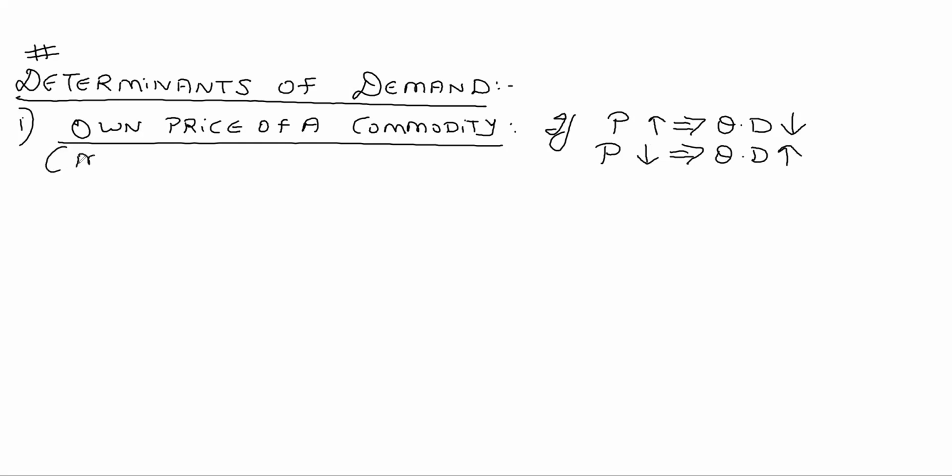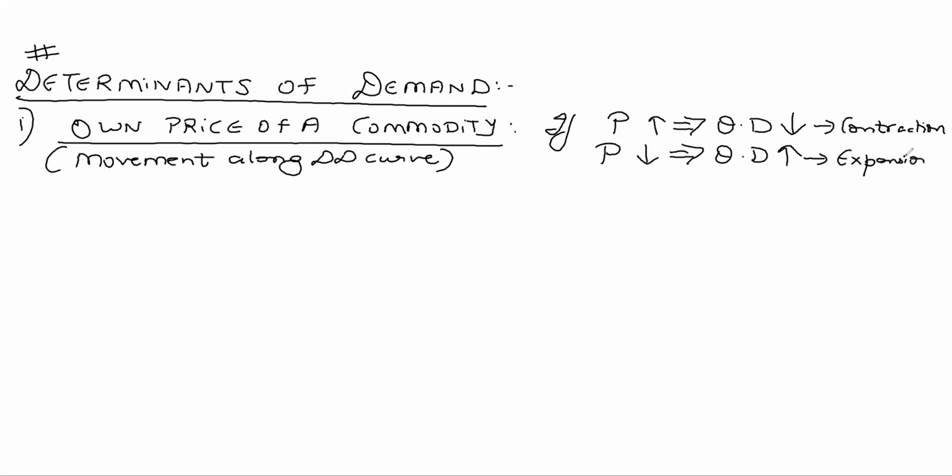This factor will cause movement along the demand curve. This particular thing would cause contraction, and a fall in price will cause quantity demanded to rise, which is expansion.